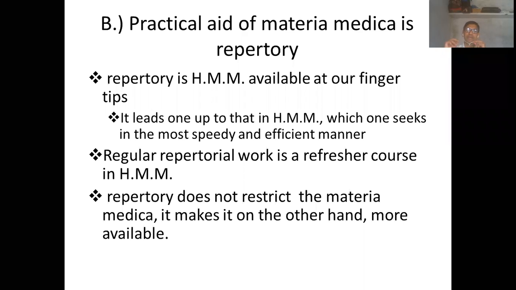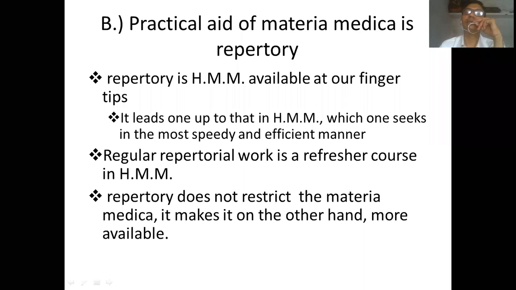What does it mean? That those 10 volumes, 3 volumes of materia medica can be easily accessed with the help of repertory. That's why it is said that it does not restrict the materia medica, but on the other hand makes it more and more available.